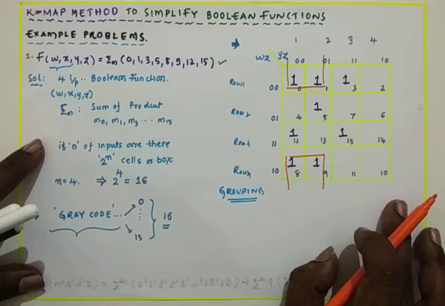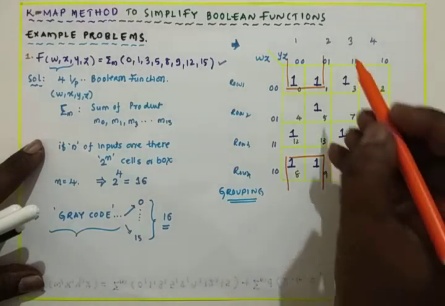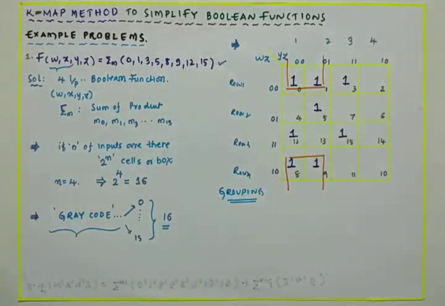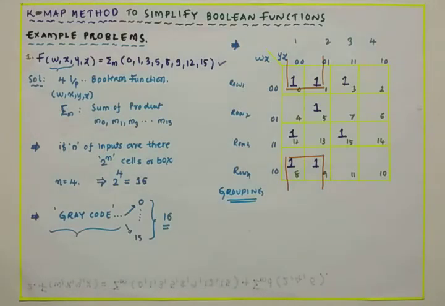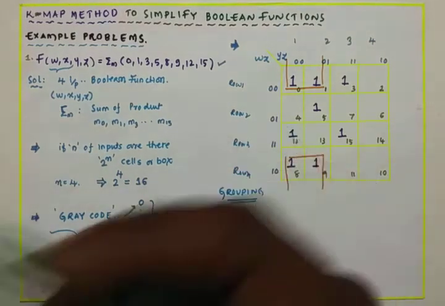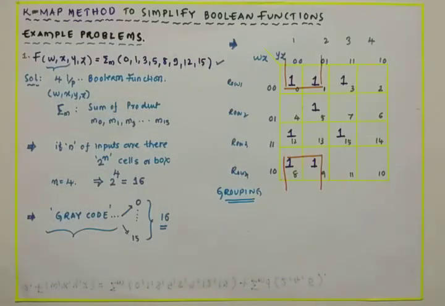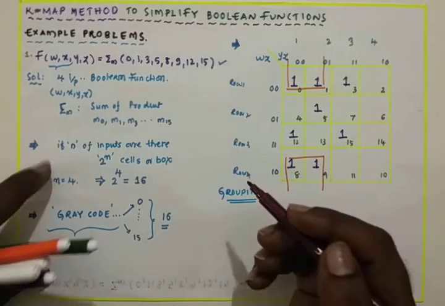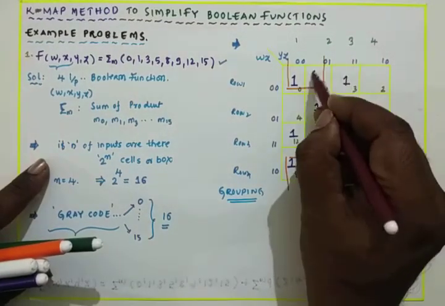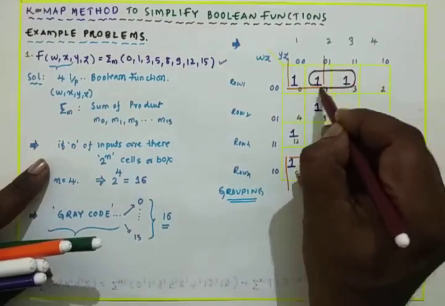Then coming to the next one, we can form one more group, that is a pair. See this one here, this is 1 and this is also 1, so I can form one more pair here.